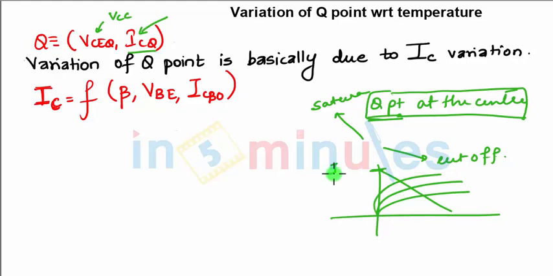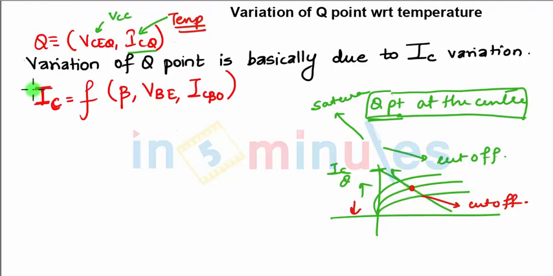If the value of ICQ increases, the Q point will shift towards saturation, and if the value of ICQ decreases, your Q point will shift towards cutoff. So the variation of ICQ with respect to temperature is very important to study in order to keep the Q point at the center of the DC load line.